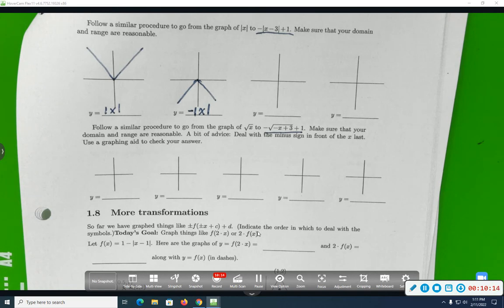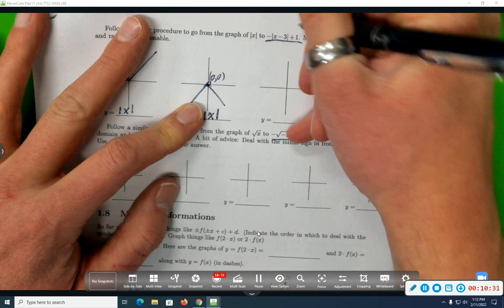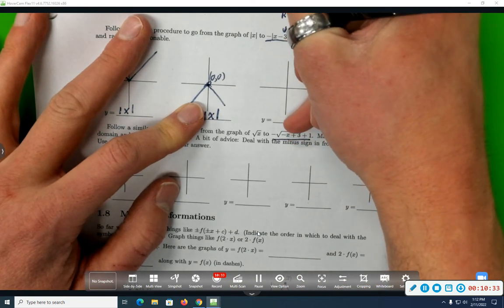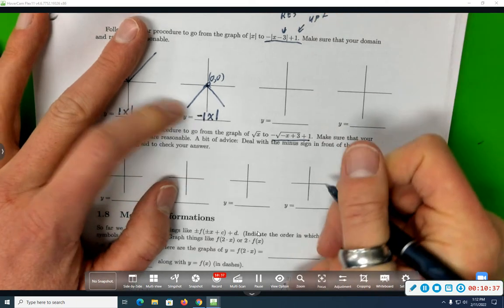So let's at least write each one down. The minus 3 next to the x means I should shift to the right by 3. And the plus 1 means I should go up. So this point here, which is right now at 0, 0, we'll go right 3, up 1.